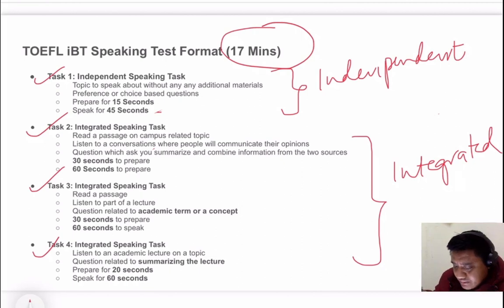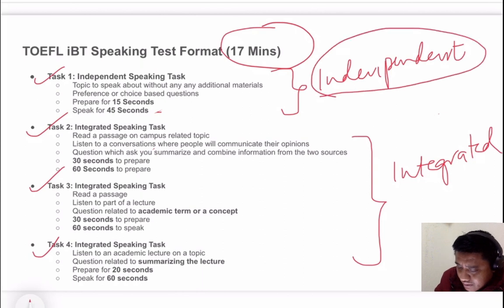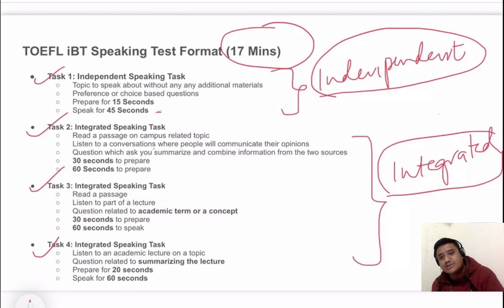What do we mean by independent and integrated? From our last class on TOEFL iBT writing, we talked about the independent component of the test, where you're directly given a question and then you need to answer it. When they talk about the integrated, since we're talking about speaking, you don't just speak on a given question, right?